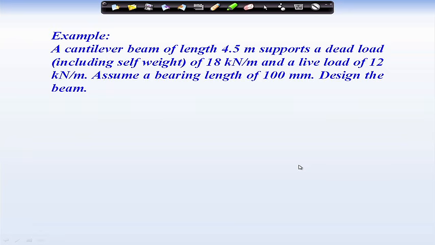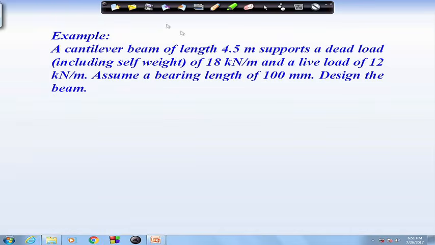So, now we can go through this example where a cantilever beam of length 4.5 meter supports a dead load which includes self weight, that is 18 kilonewton per meter, and a live load of 12 kilonewton per meter.